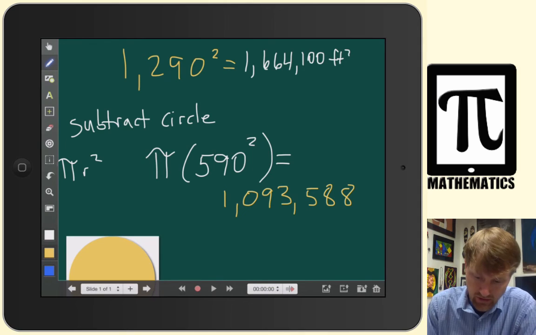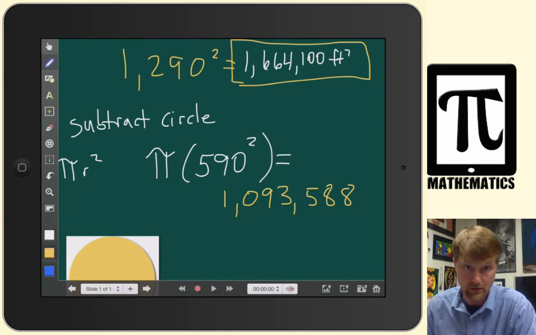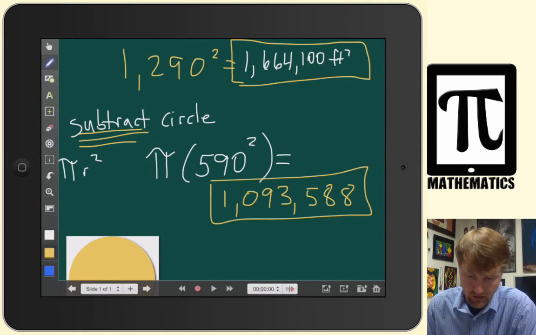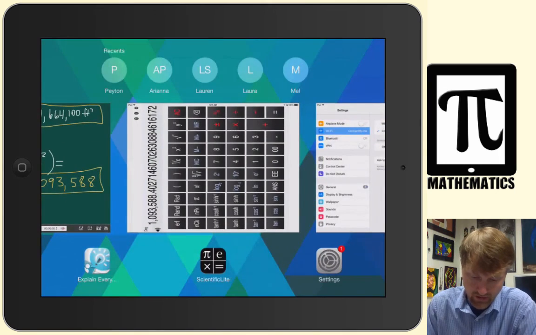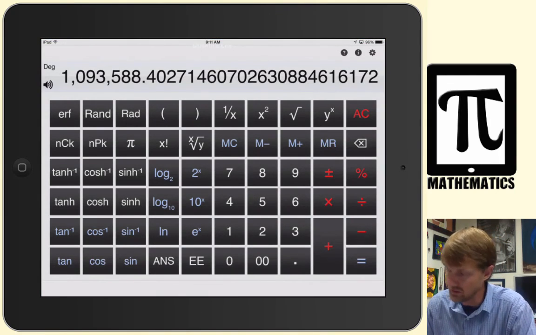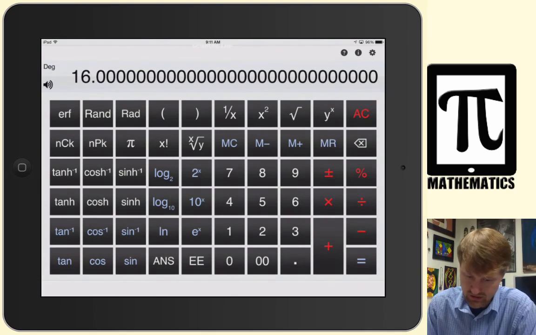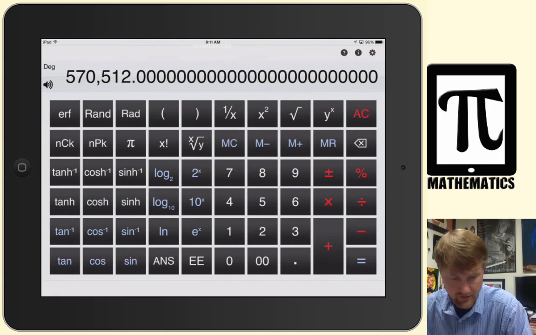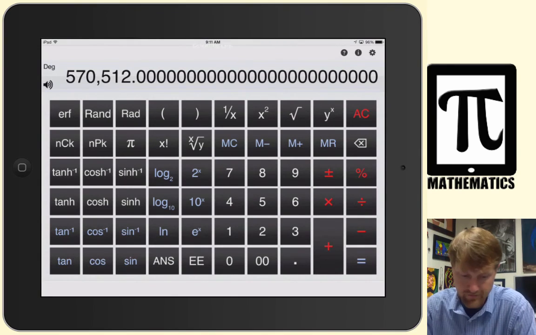And the question asks, what is not irrigated? So you take the area of the property, and then you subtract the area of the circle. And we will do that on our wonderful calculator here because of the speed at which it will do it. 1,664,100 minus 1,093,588, and that's going to equal 570,502 square feet.